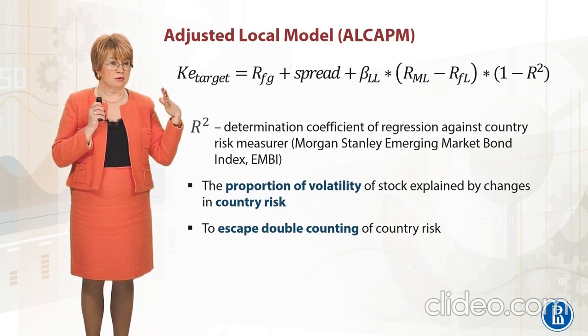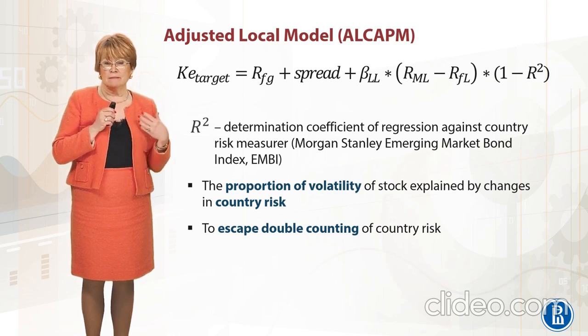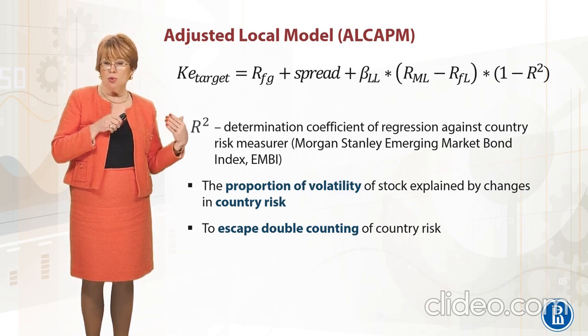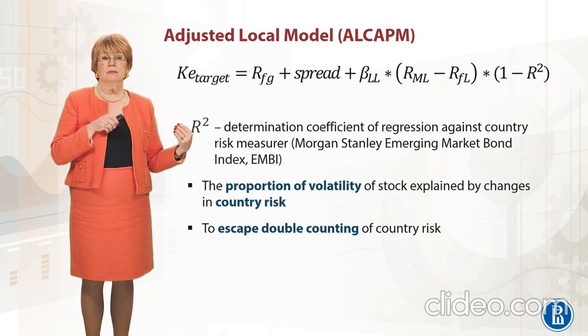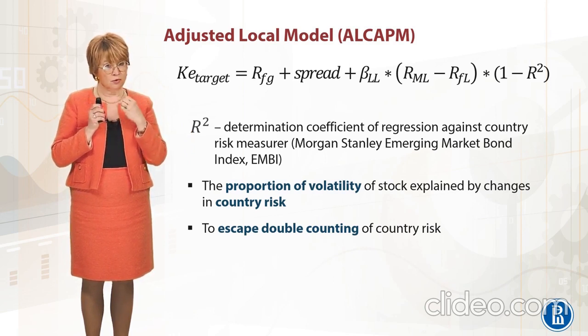1 minus R-squared, where R-squared is a metric, a measure, which captures the country risk impact when running the regression of the local bonds against the emerging market bond index overall.